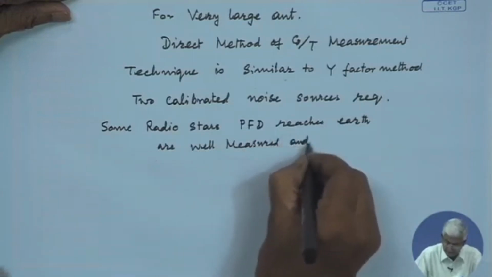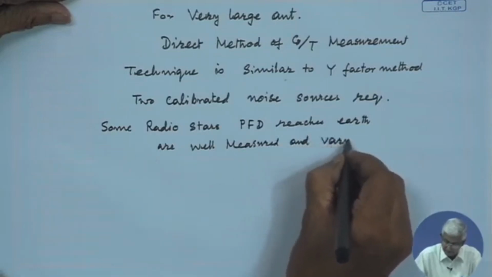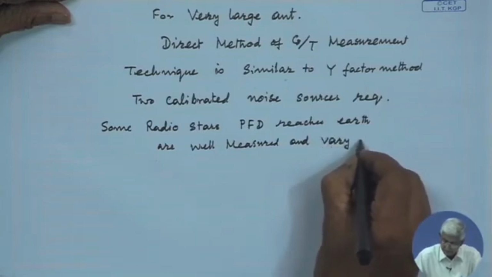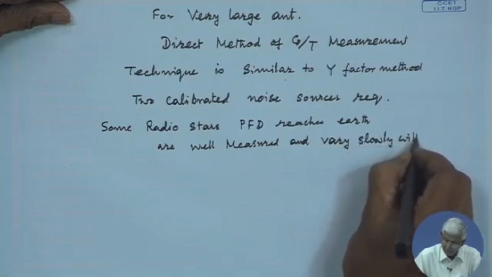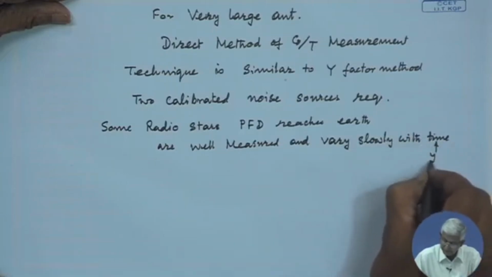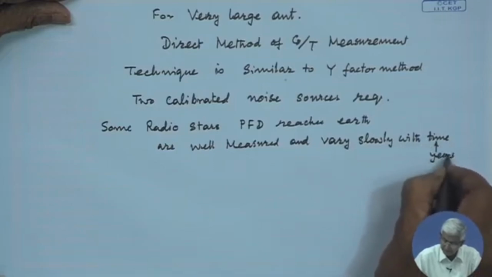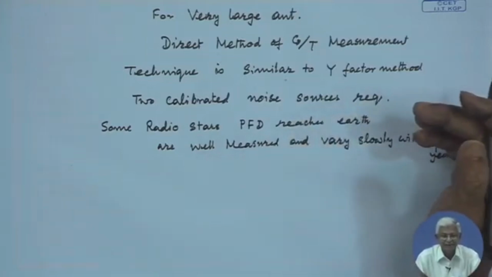and they vary slowly with time, on the order of years. So during the measurement it does not vary, and therefore we can assume it is a constant source.